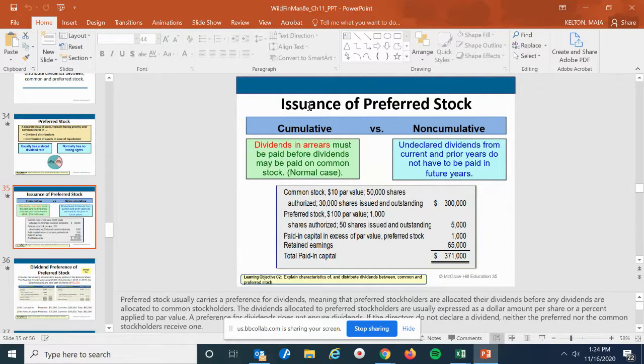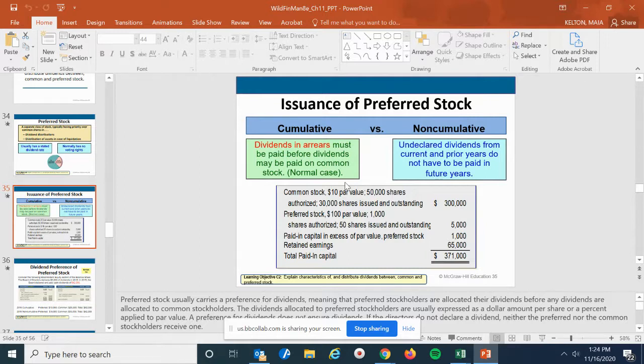Now, if the preferred stock is cumulative, let's say the company didn't pay dividends last year, but the preferred stock is cumulative this year. If they declare dividends, the preferred stockholders will be paid first for last year, then for this year.